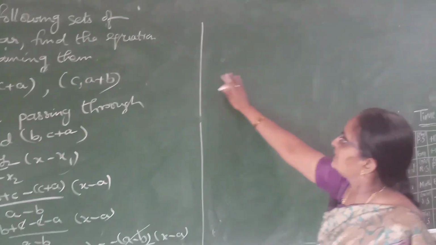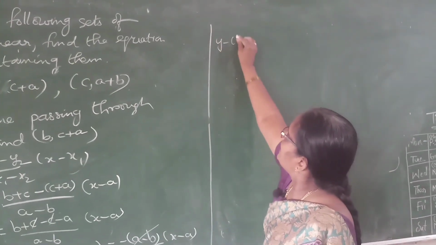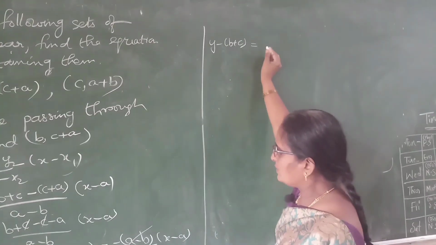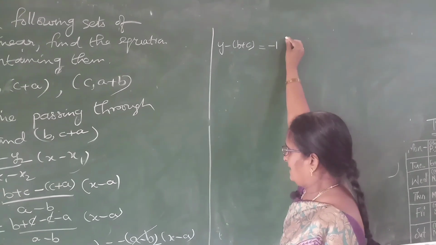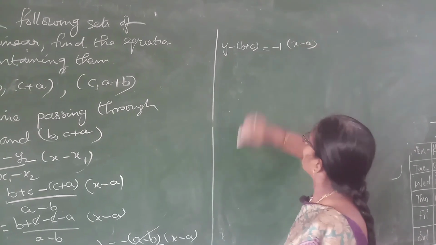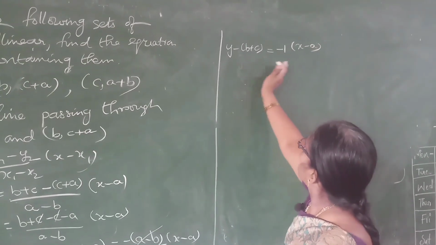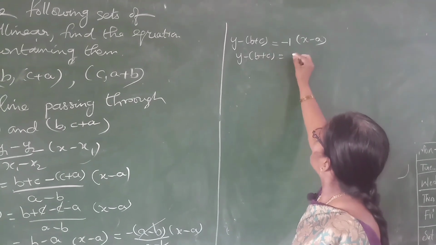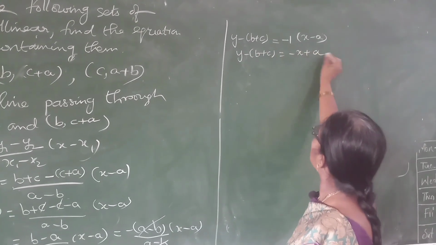Now what is your answer here? y minus (B plus C) is equal to minus 1 into (x minus A). Now y minus (B plus C) is equal to minus x plus A.